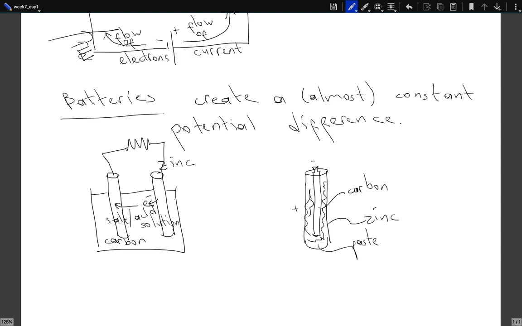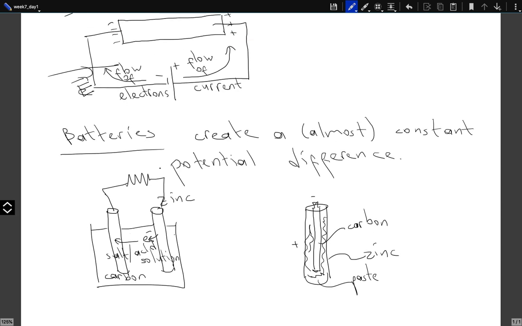And the current is basically created by what's called the different electron affinity of different elements. You have probably studied it in chemistry. So, as I said, the battery basically transfers the chemical energy stored inside your chemical into what we call the electric energy.